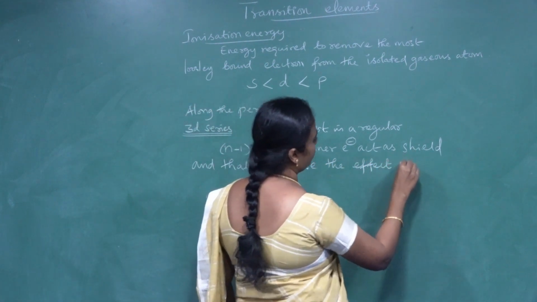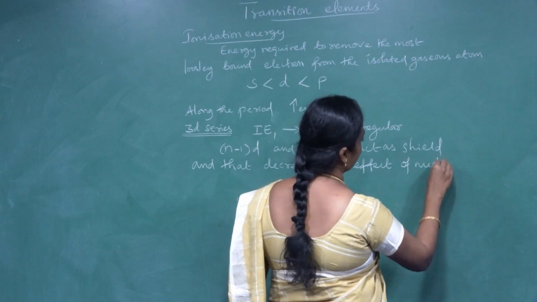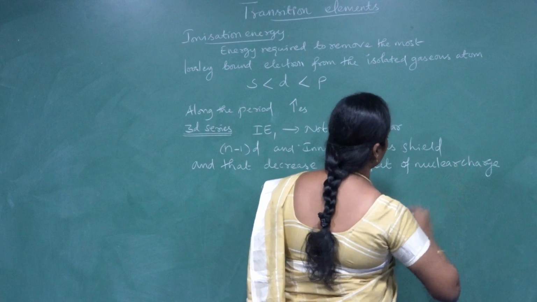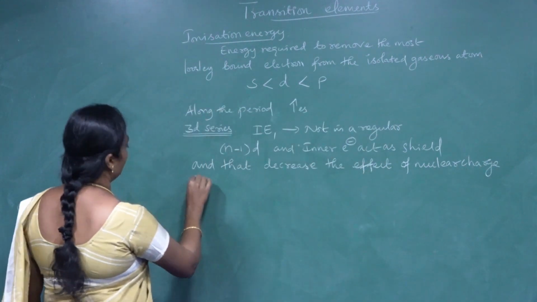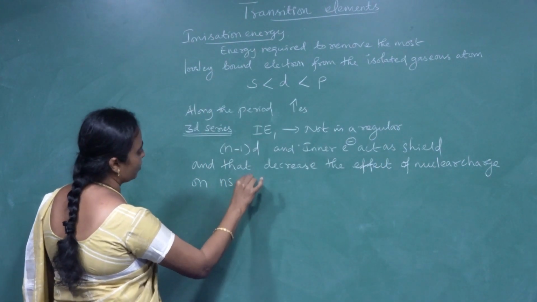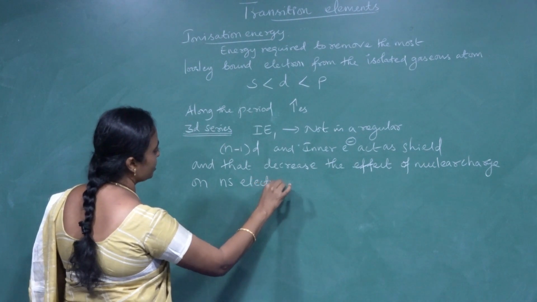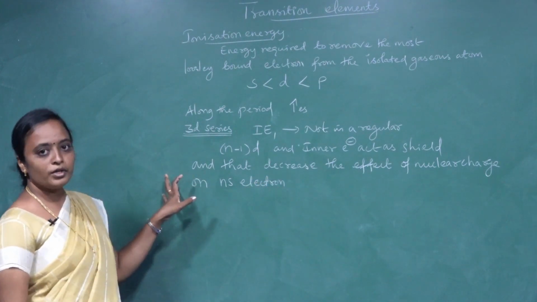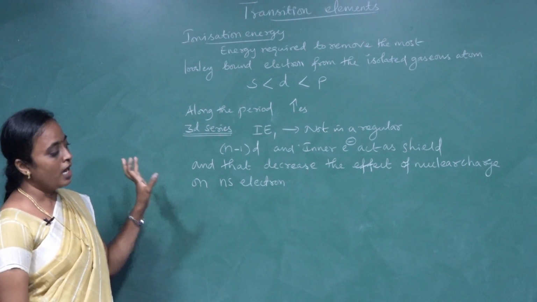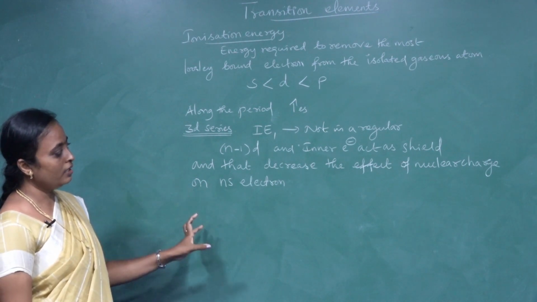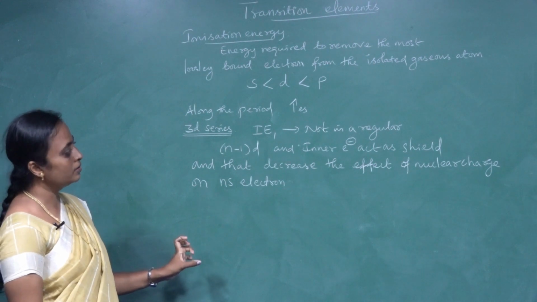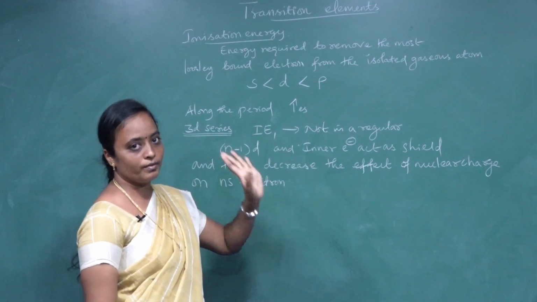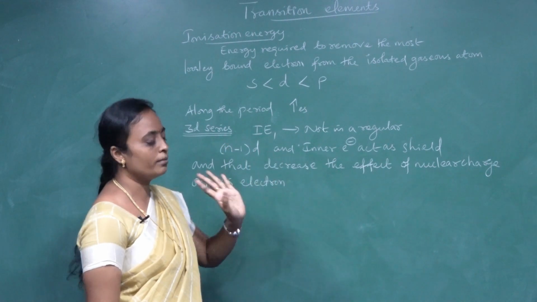What is the meaning? The effective nuclear charge decreases, and because of that the ionization enthalpy value is not regular. It is not increasing in a regular pattern.